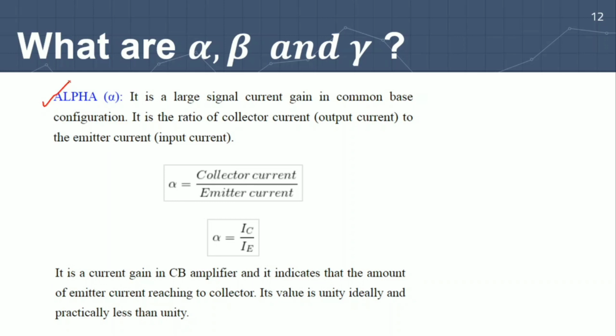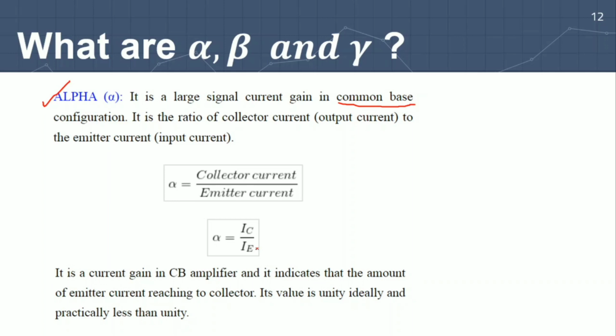The first one is alpha. Alpha is a current gain factor in common base configuration. In common base configuration, whatever current gain you get, we call that current gain alpha. It is the ratio of collector current to emitter current.